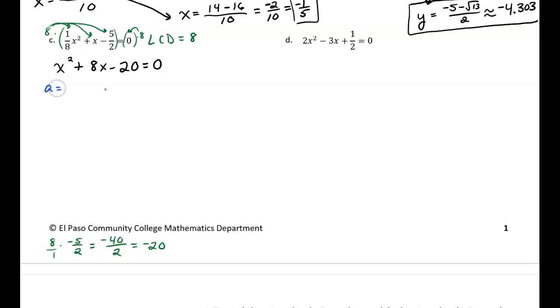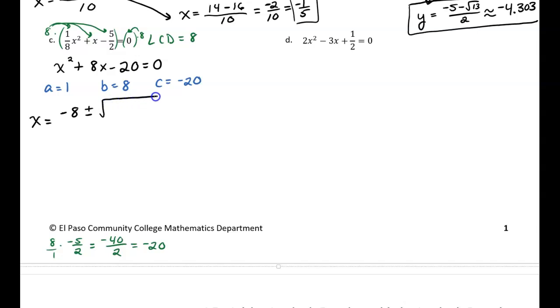I need my A, my B, my C. So A looks to be 1, so it's a 1x squared. B is the positive 8, and C is the negative 20. And then we plug into the formula. We have negative B, so I have negative 8. The 8 was positive, so the negative from the formula is the only one there.